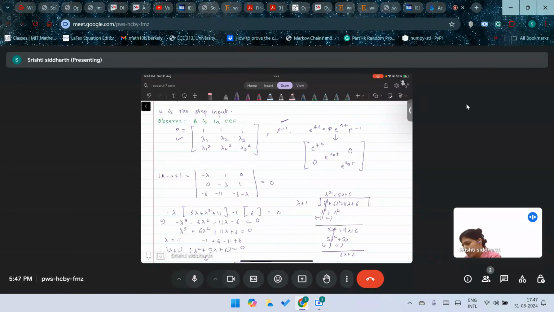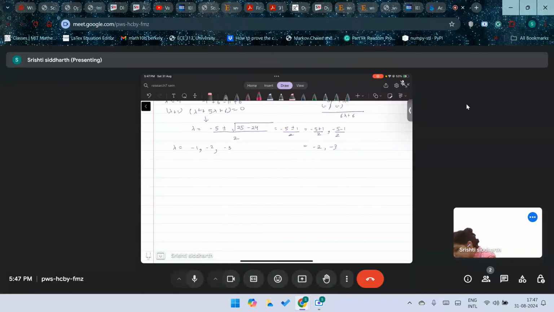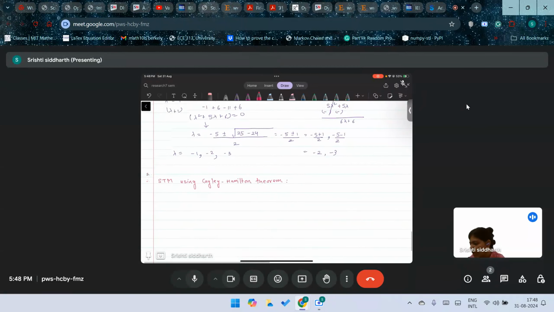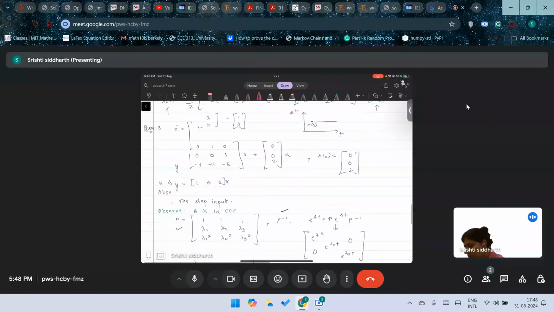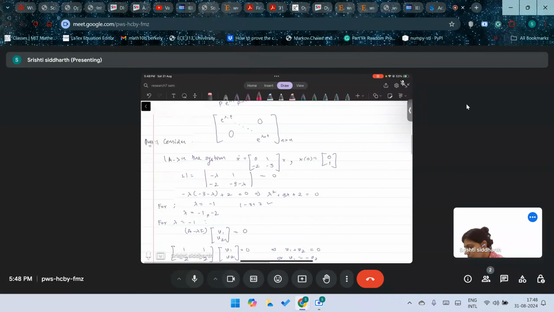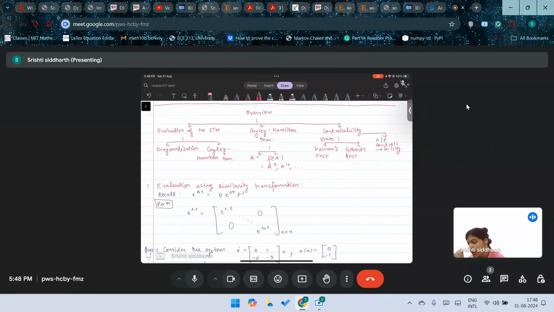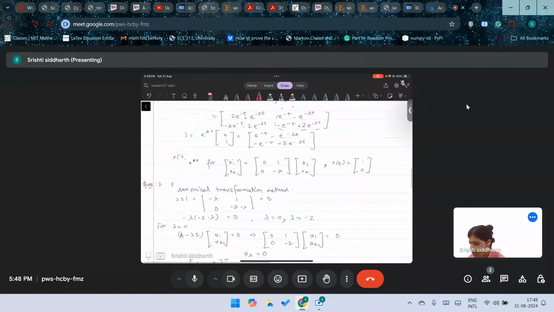Alright, so the next topic is evaluation of the state transition matrix using the Cayley-Hamilton theorem. So this also includes the second part, which I mentioned in the overview, the computation of the inverse of a matrix and some polynomials of A also.